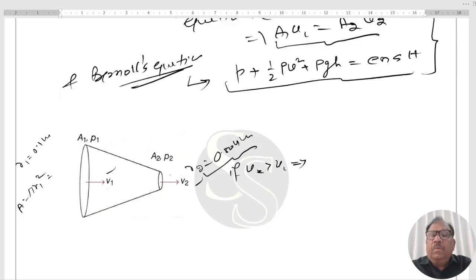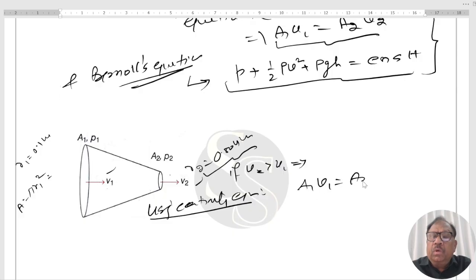Then, first of all, using the continuity equation, area is known, we have to find either V1 or V2. A1 V1 equal to A2 V2. In this case, we will solve two equations in V1 and V2 and find the answer for either V1 or V2.